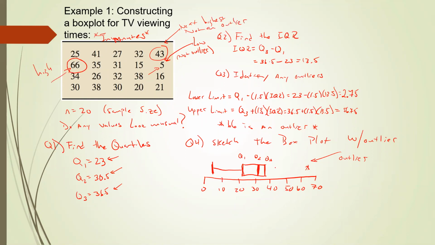So then you go to 43, you draw the whisker out to that value right there. So we have min, first quartile, second quartile, third quartile, the max value that's not an outlier, and then that outlier on the data set. Not too bad.